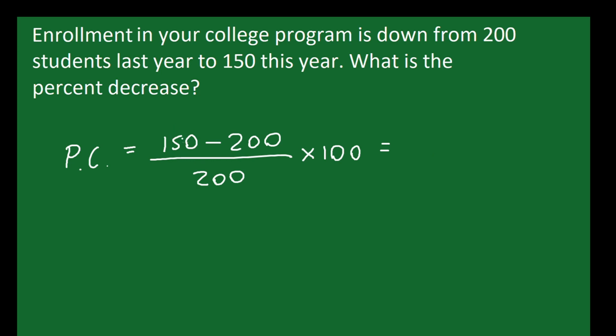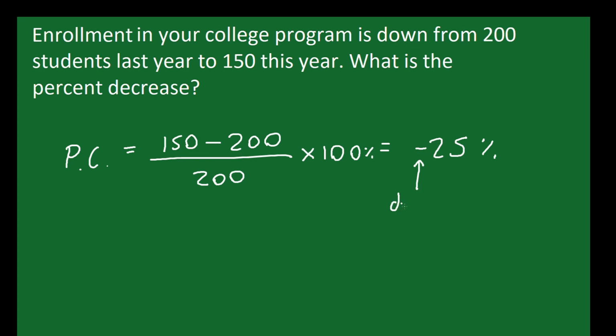If you do this, 150 minus 200, you get negative 50 in your numerator. When you divide that by 200 and multiply by 100, you're going to get negative 25. And this comes out as a percent because this 100 is 100%. So you can even include that little percent in your formula there. Negative 25% just means that we decreased by 25%.